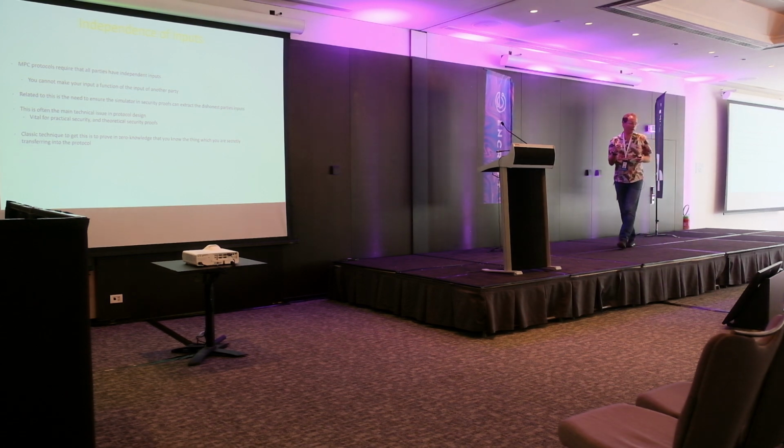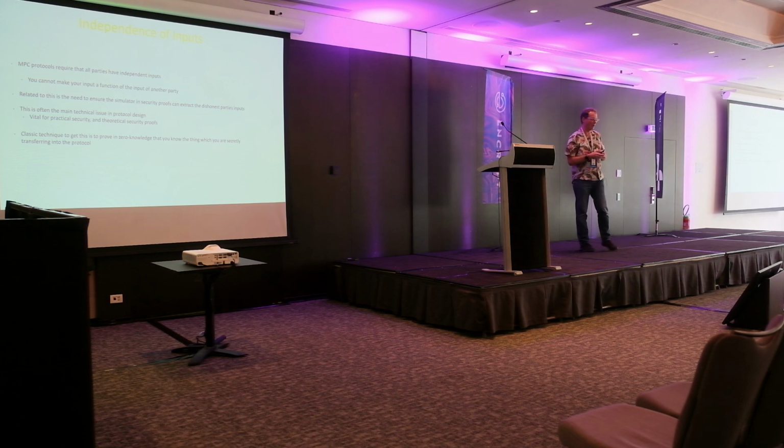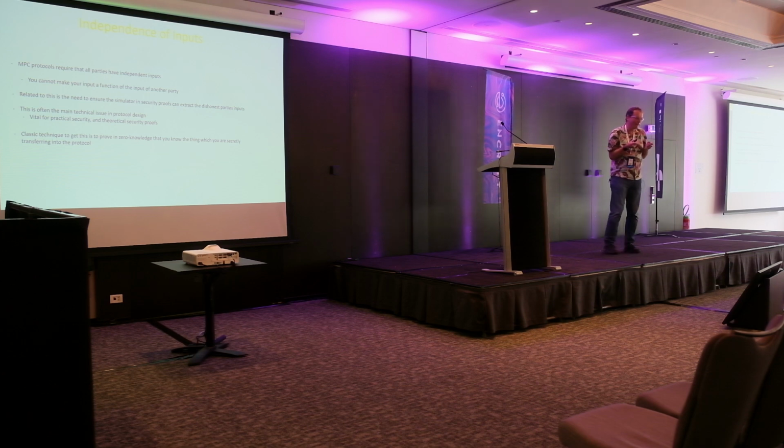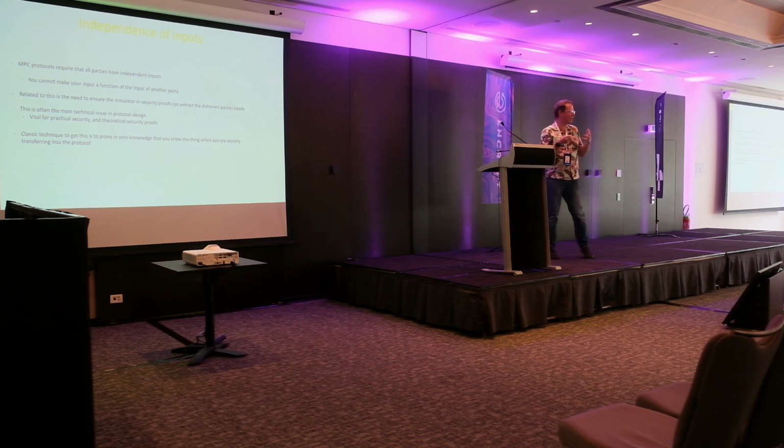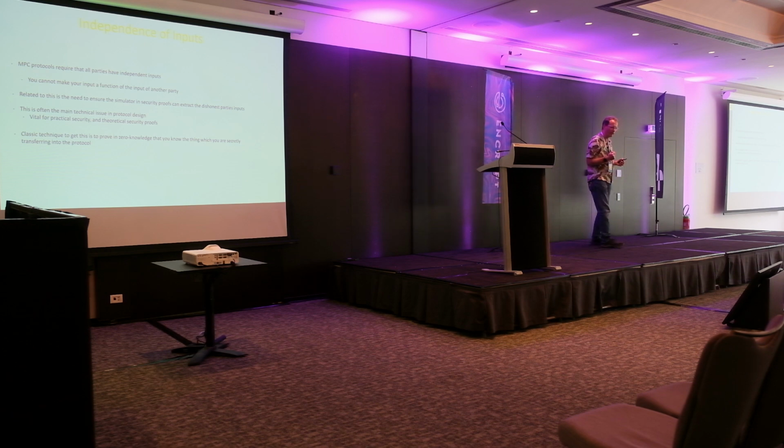That's important because of the voting thing, but it's also really important in the security proof because it's what allows the simulator to work. So there's something going on that's intrinsic in the security proof. And the main technical issue for most MPC protocol designs is how we solve this.